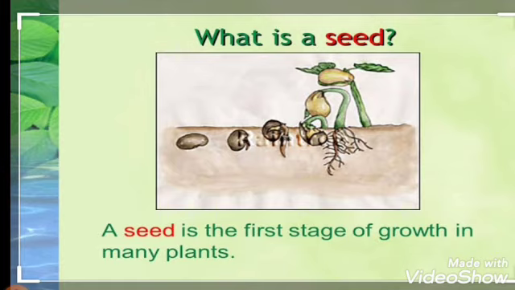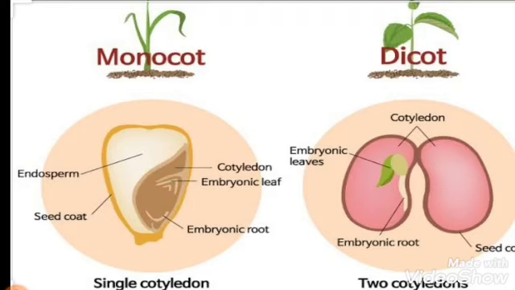Now, what is a seed? A seed is the first stage of growth in many plants. There are 2 types of seeds on the basis of cotyledons. A monocot seed has only 1 cotyledon, meaning 1 seed leaf, for example maize, as clearly shown in the picture.